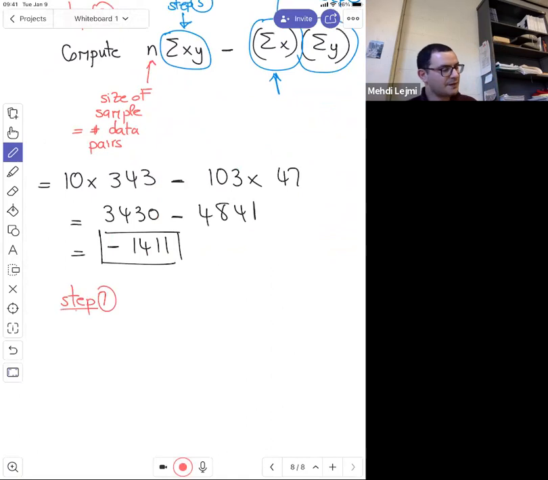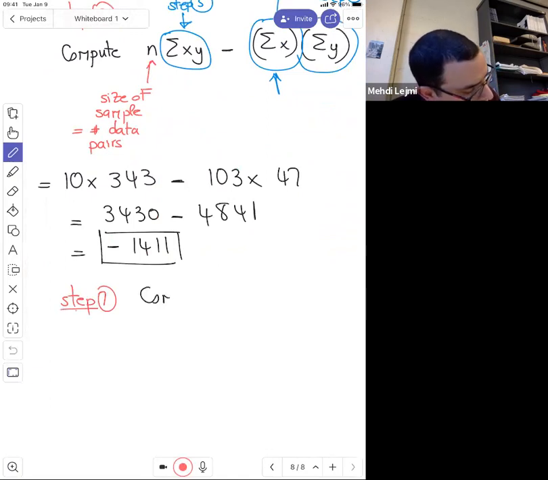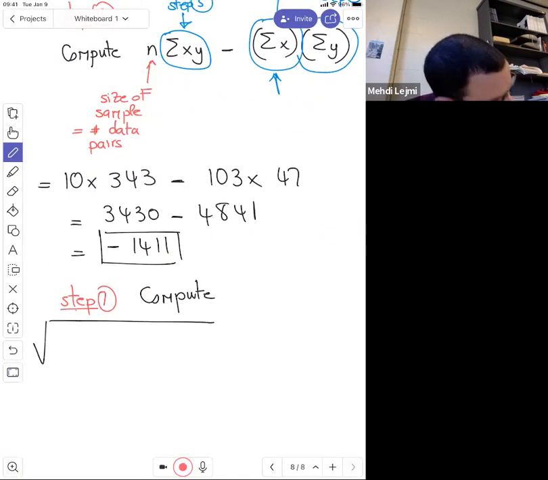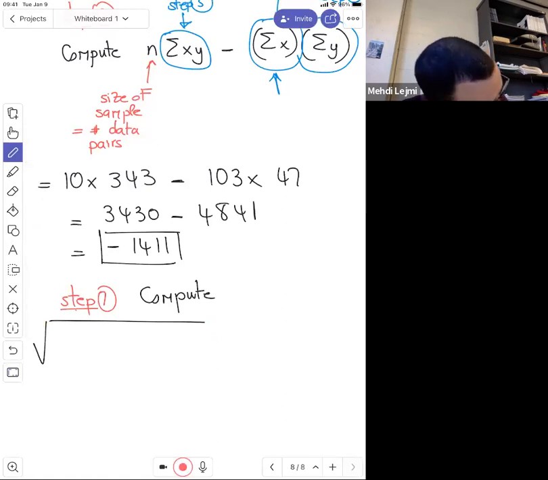Okay, in step 7, we need to compute the square root of n times the sum of the x squared minus the square of the sum of the x's.